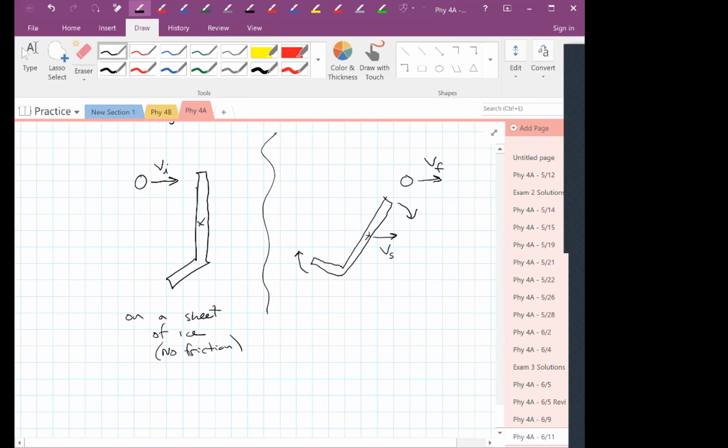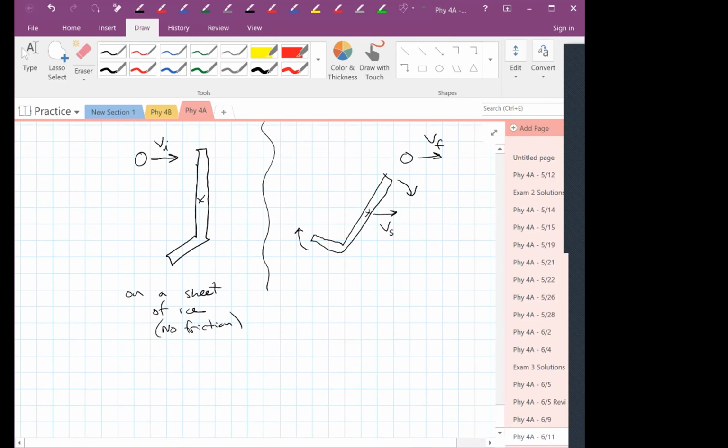We know that linear momentum has to be the same. Yeah, frictionless. We'll make it frictionless. Otherwise, it doesn't work. It's a collision. The linear momentum has to be the same.